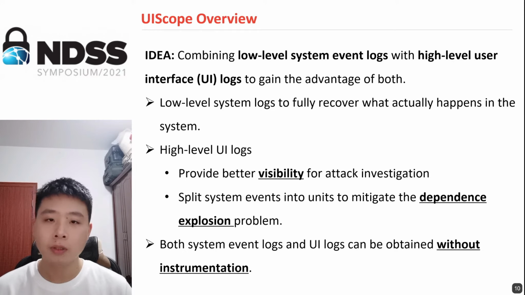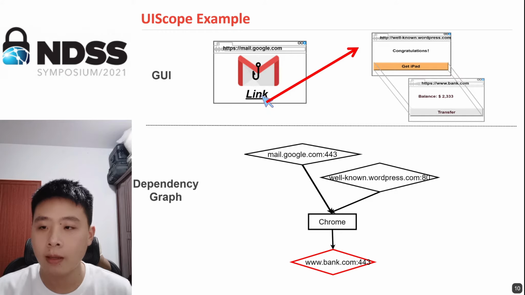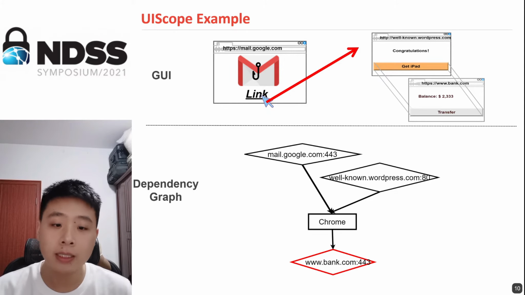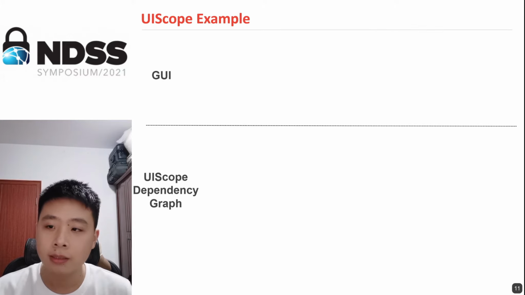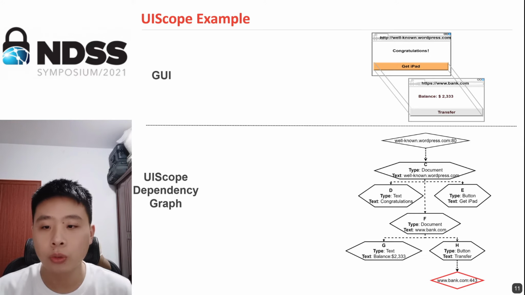More important, both logs can be obtained without instrumentation. Compared to existing approaches that attribute system events to a whole process, UIScope attributes system events to UI elements.